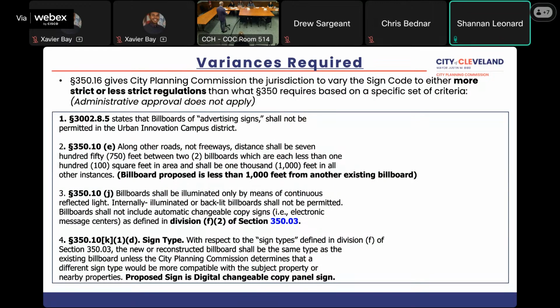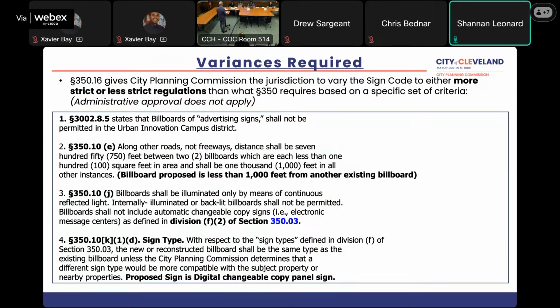This is in the Urban Innovation Campus District, which is in the form-based code, and our form-based code relies on the sign code of 350. In this case, billboards are not permitted in this district. Under 350.10, they are not allowed within 1,000 feet of another, and they are within 1,000 feet of an already existing billboard.